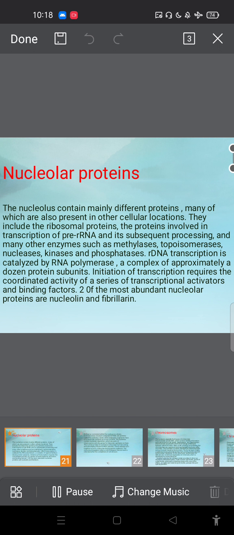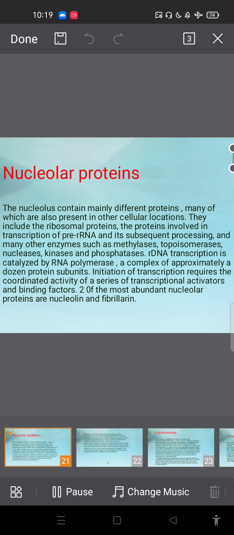They include the ribosomal proteins, the proteins involved in transcription of pre-rRNA and its subsequent processing, and many other enzymes such as methylases, topoisomerases, nucleases, kinases, and phosphatases. rDNA transcription is catalyzed by RNA polymerase I, a complex of approximately a dozen protein subunits.